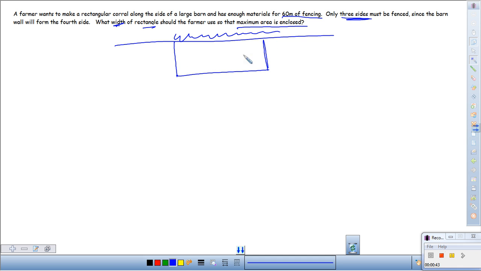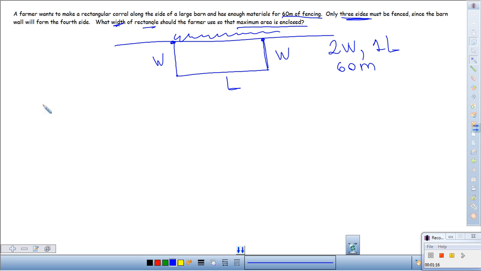How many widths do I have fencing for and how many lengths? Well, if I start over here, I have 1 width, 1 length, and 1 more width before I reach the wall of that barn again. So we have 2 widths and 1 length and 60 meters of fencing.